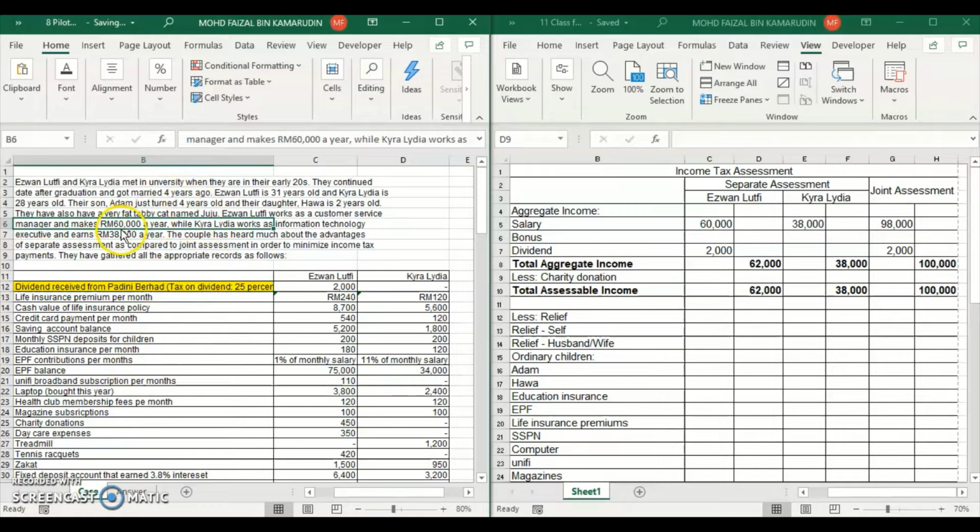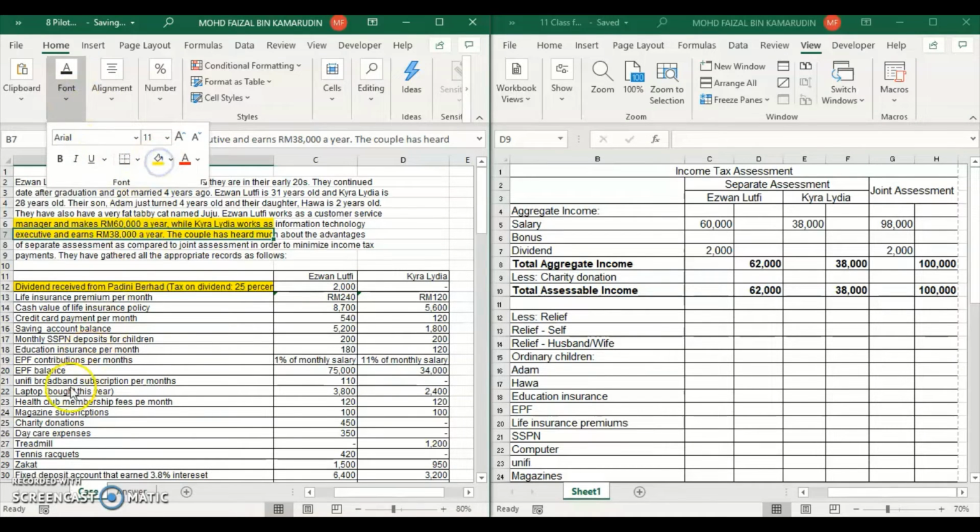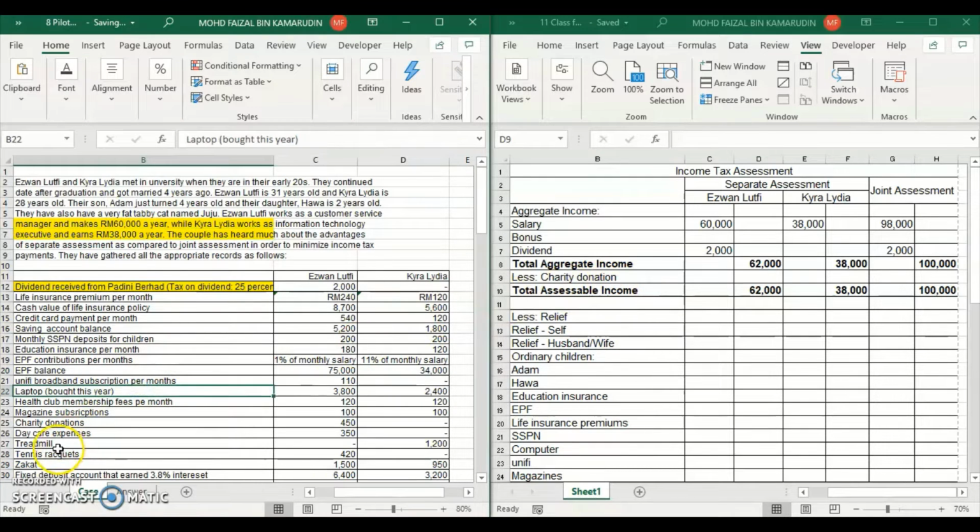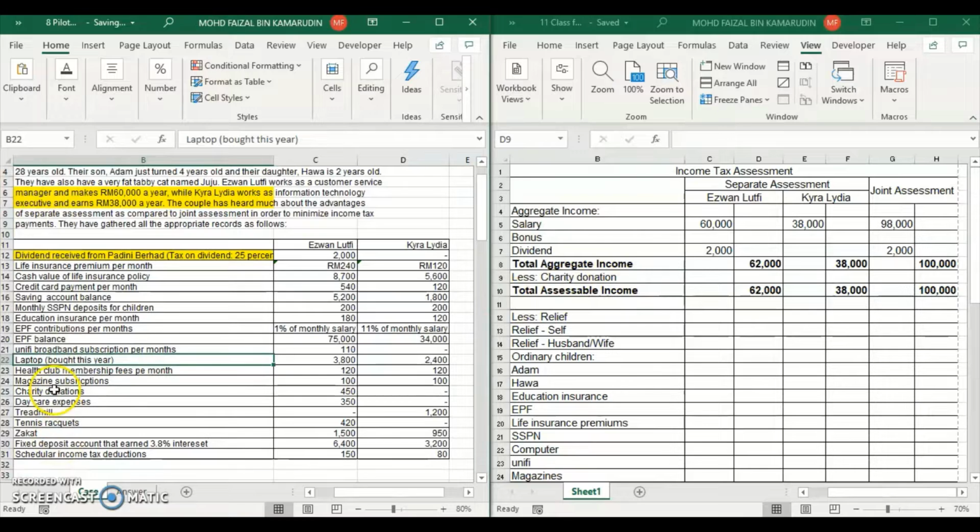Basically the income, these two are done. Next, as I mentioned just now, we are doing total assessable income. So we have to look into the charity donation, that one. That is what is applicable that you can claim here. He did contribute about 450. We don't have any figure for Kyra, so in this case for joint assessment it will be 450 only.